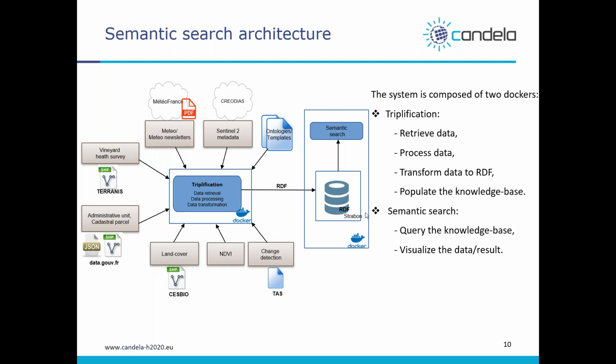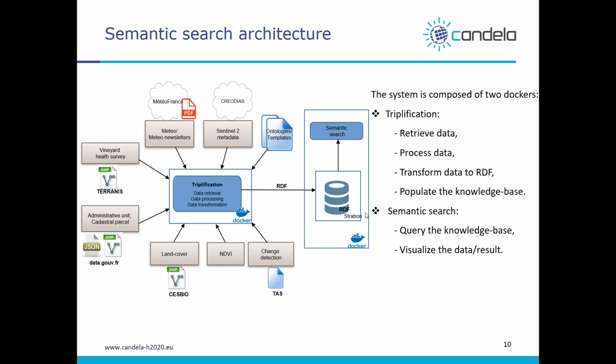To do that, we have developed several spatio-temporal ontologies that model the data sources. And next, we have defined several templates that are the mapping between our ontological models and the data source schema.